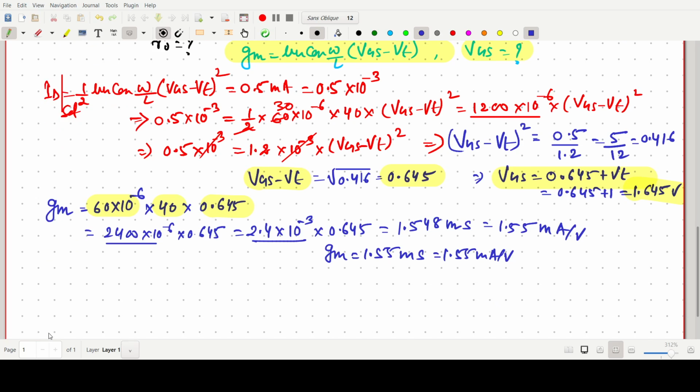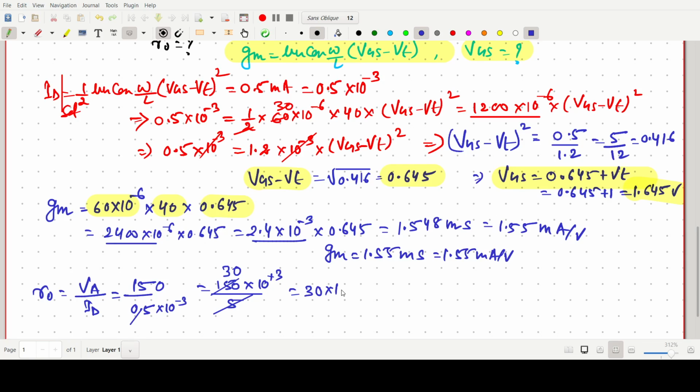Now the last thing, r naught, which is VA by ID, and ID is given. So VA is simply 15 volt, and ID is given 0.5 milliampere. Milli means 10 to the power minus 3. So one can write 15 divided by 0.5 into 10 to the power minus 3, and if we remove the decimal, this would be 150 by 5, which is 30 into 10 to the power 3.